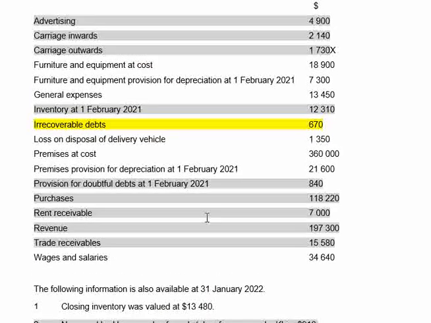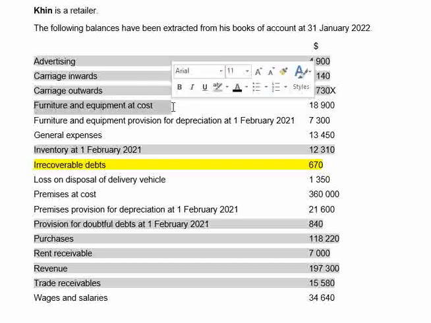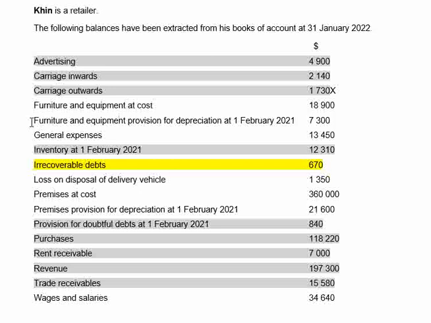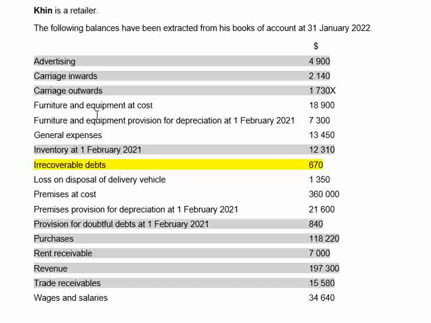Then there is the furniture and equipment cost account. This is our asset, so we will not take it in the income statement, but instead we will take the furniture and equipment depreciation, as it has been given in the working.